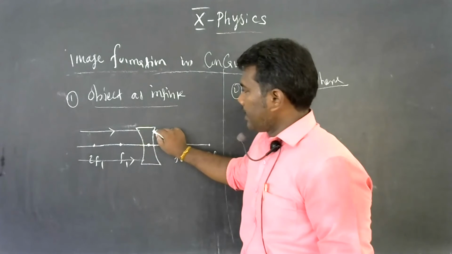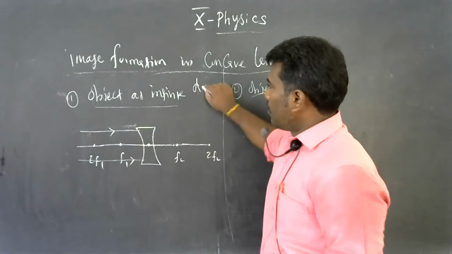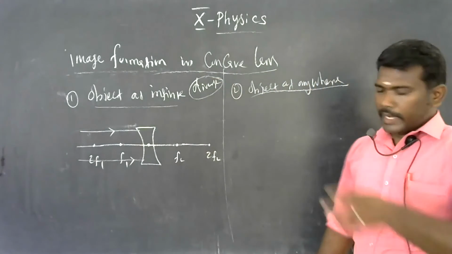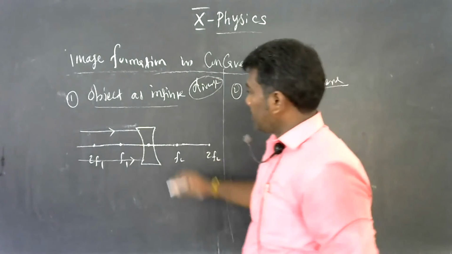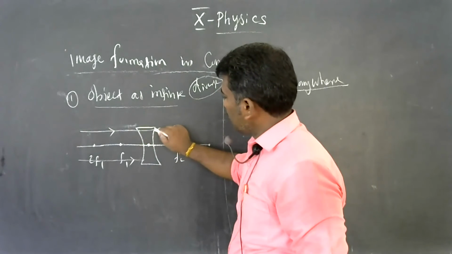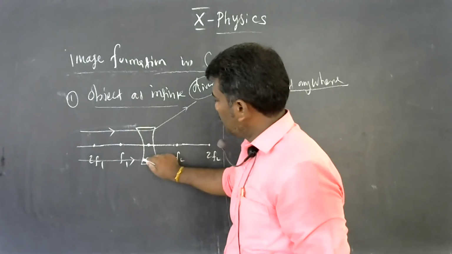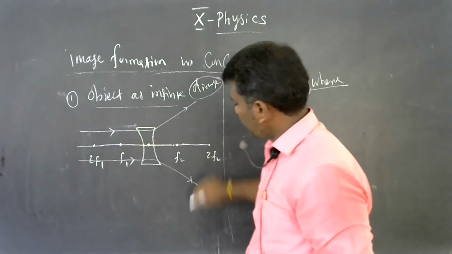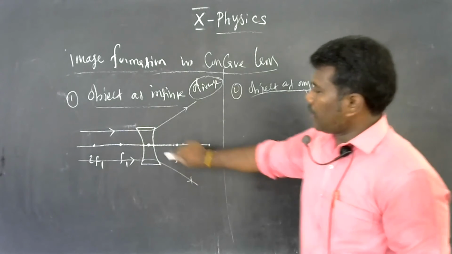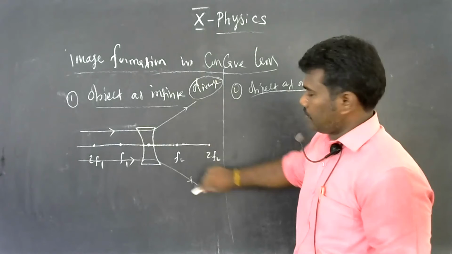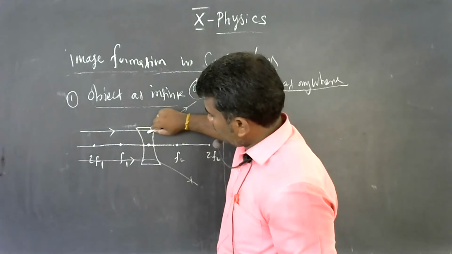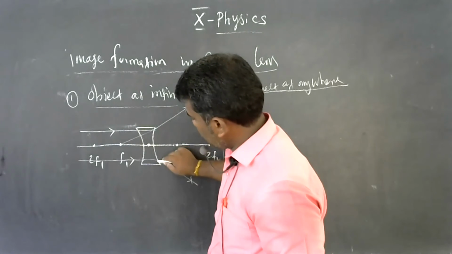This concave lens is used to diverge the incident light rays. So the incident light rays, which are parallel to the principal axis, undergo refraction and diverge. These 2 divergent light rays from the concave lens will never meet on this side, so we extend the diverging lines in the backward direction.